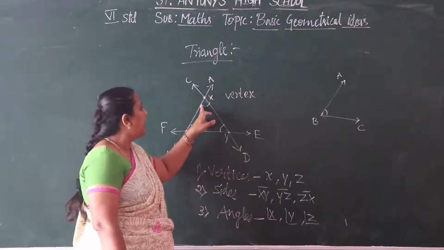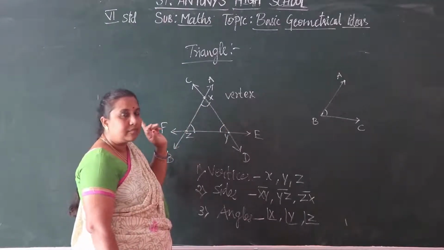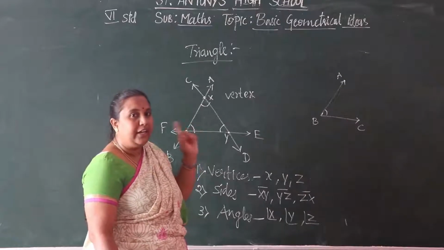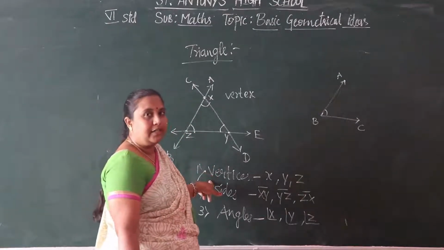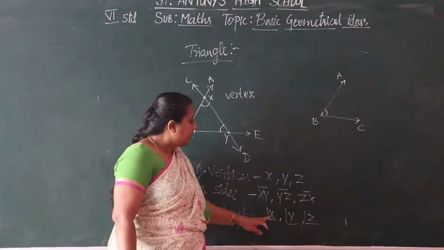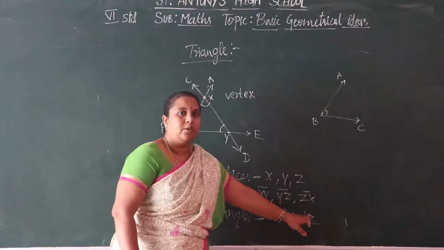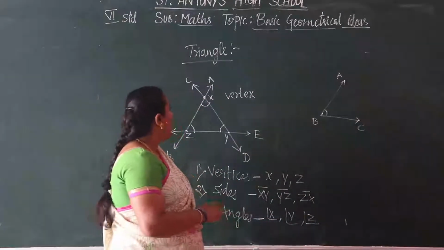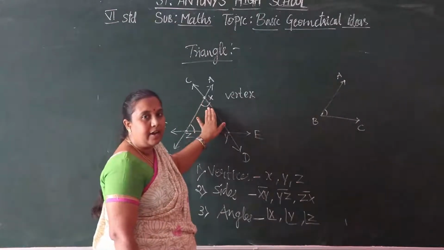Angle X, angle Y and angle Z. While we are reading the angles, we can read first angle and then say the name of the angle. Understood? Next, we move on to another part, that is the interior of a triangle.